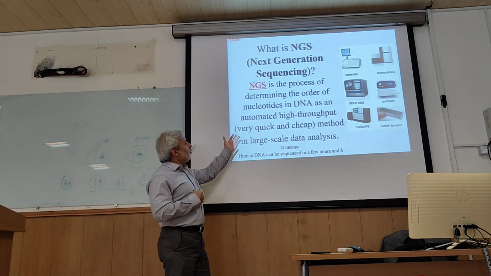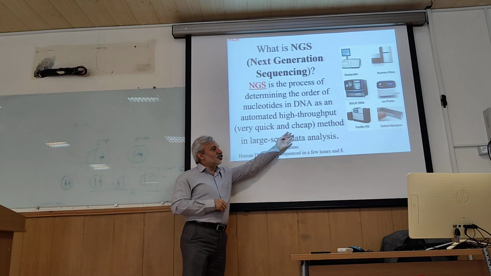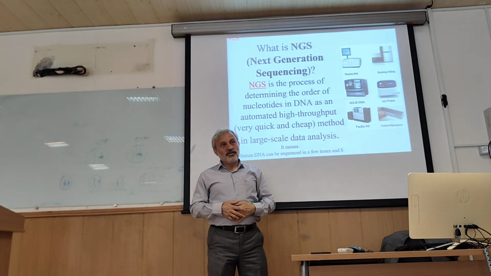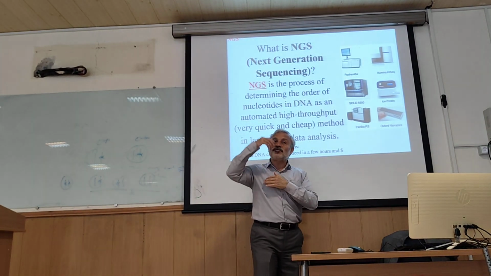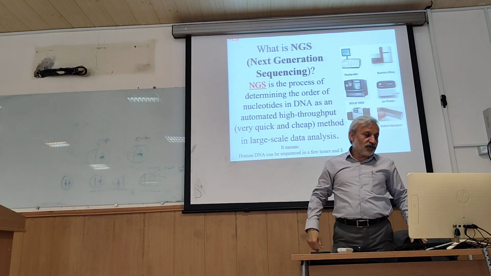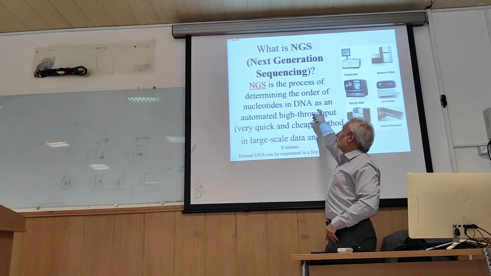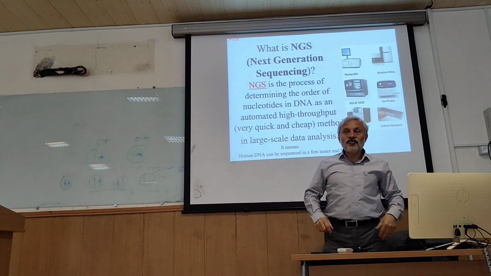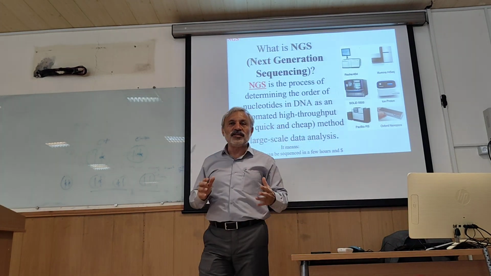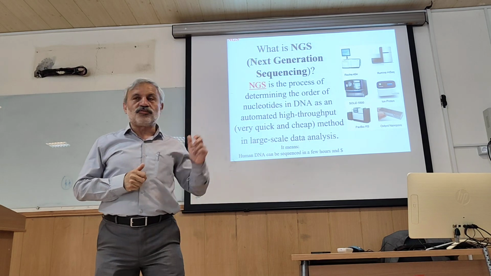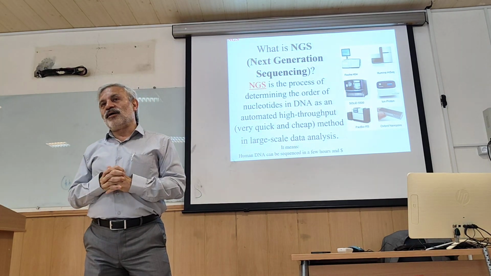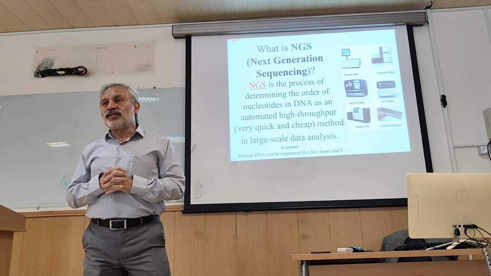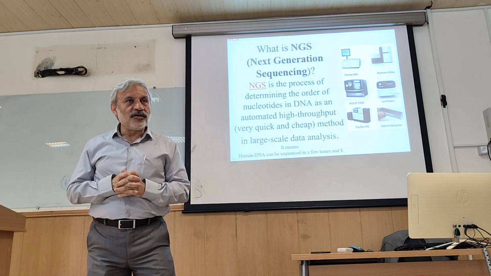So it's very quick and cheap, compared to a long time ago. So that's NGS, next generation sequencing. What is next generation sequencing? It means with this instrument, with this system, I can sequence your DNA quickly.